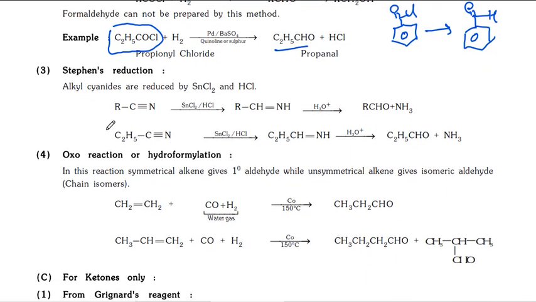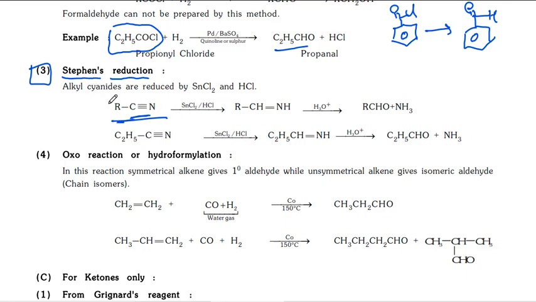Next, Stephen reaction is also a named reaction, very important reaction. So you have to link up this name to the reactant. Stephen, that means N is there, cyanide. Link Stephen with cyanide, then only you can remember easily.